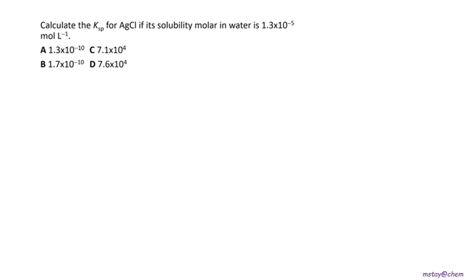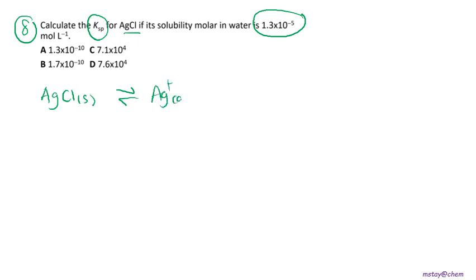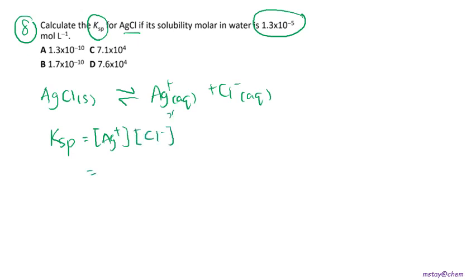Let's continue to question number 8. Calculate the Ksp for AgCl if the molar solubility in water is 1.3 exponent negative 5. So before we can write the Ksp expression, let's write the chemical equation. AgCl will produce Ag plus and also Cl negative. So based on here, the Ksp will equal the concentration of Ag plus multiplied with the concentration of Cl negative, which we say is x times x.